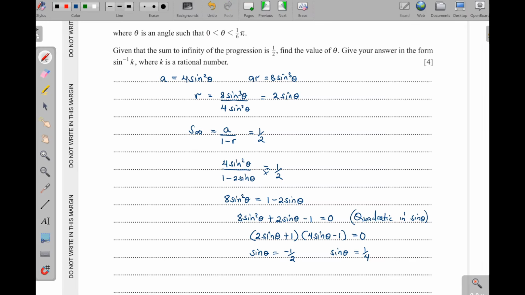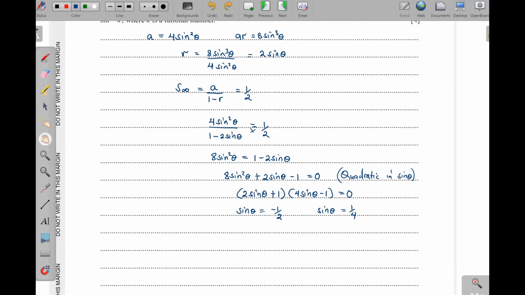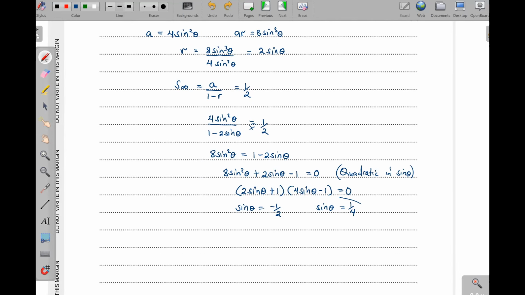Now, they say that theta is less than 30 degrees. Okay, sine is positive in the first quadrant. So in the first quadrant, we see from 0 to 90 degrees. So that means we are only going to take this positive value of sine theta, not this one, because sine is negative in the third quadrant, that is between 180 and 270, and then also in the fourth quadrant, that is from 270 to 360.